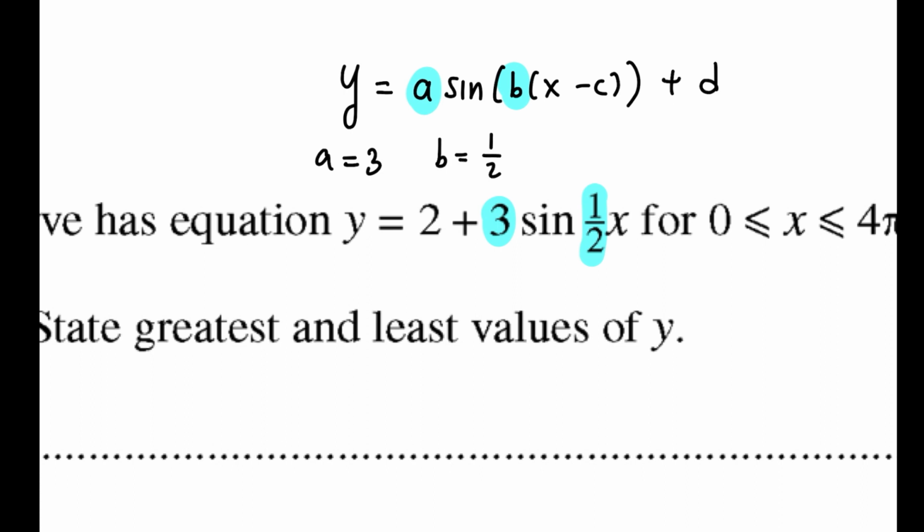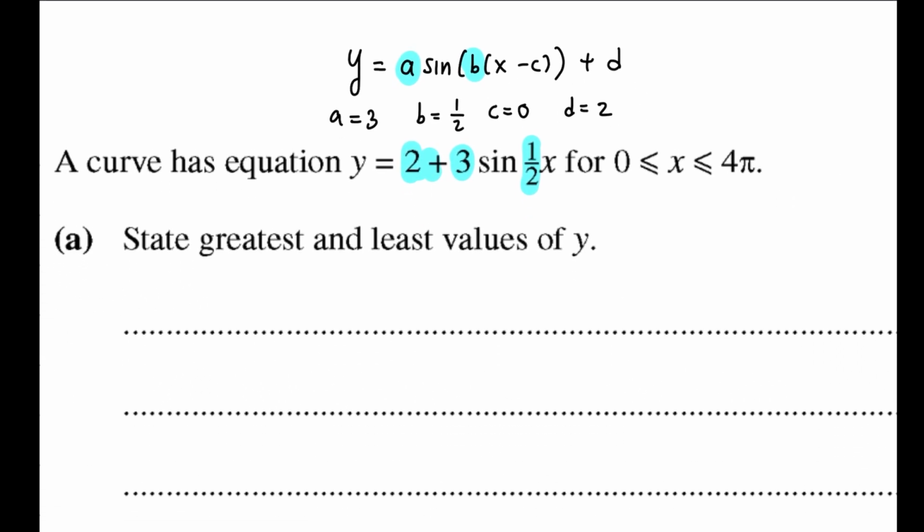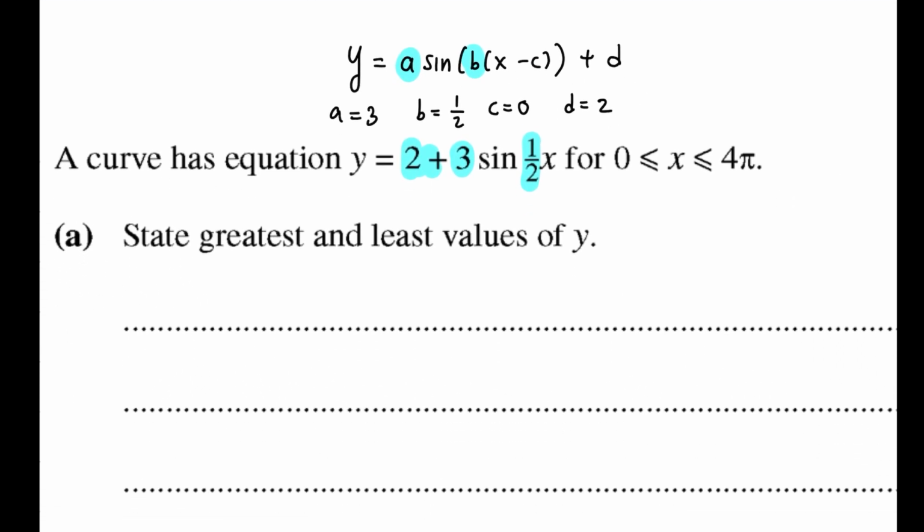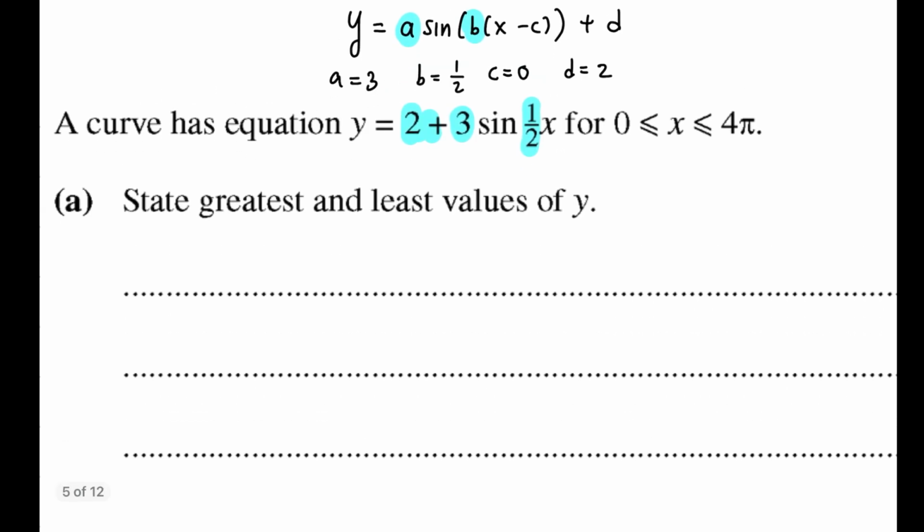We don't have c, as you can see, we don't have minus something or plus something here. So 0 means that there is no horizontal translation, and d is 2 because you have plus 2 here. Now, if you want to know the greatest and least values of y, we can use this formula.